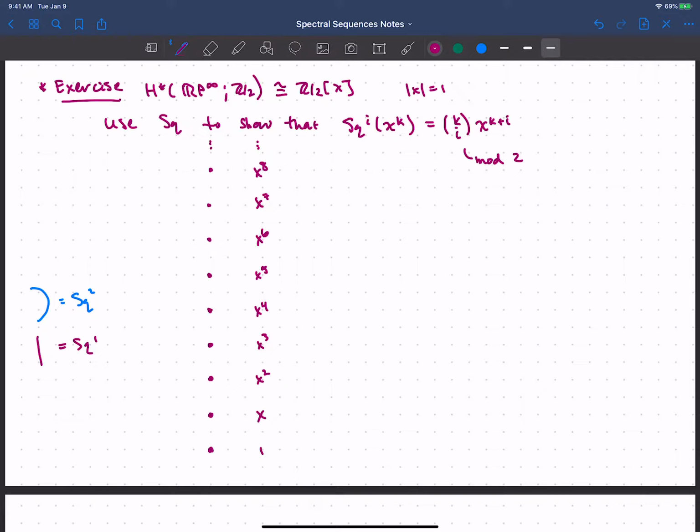So if we believe this formula, then Sq^1 of x to the k is supposed to be k choose 1 mod 2 times x to the k plus 1. Again, I find it very helpful to have my mod 2 Pascal's triangle here. So I'm going to draw that, at least a little bit of it.